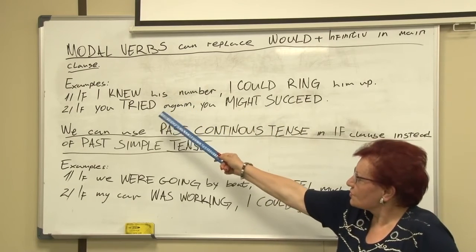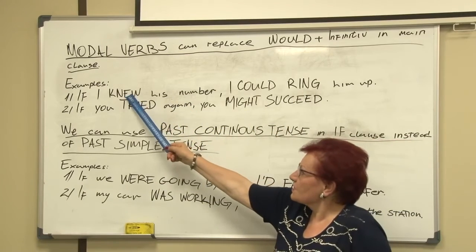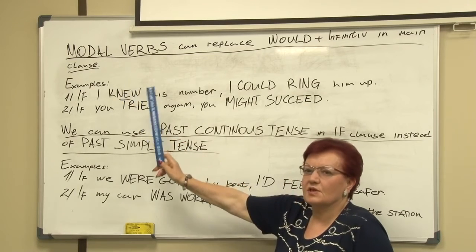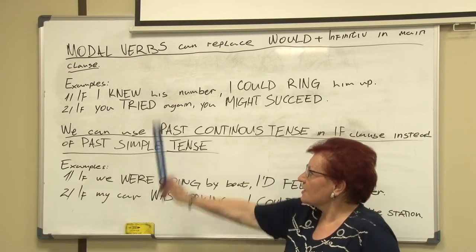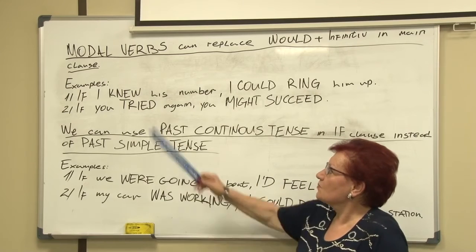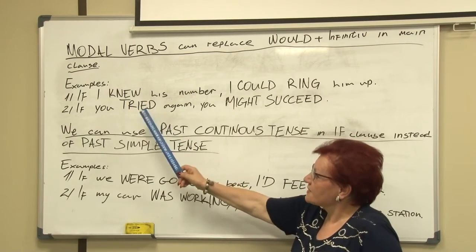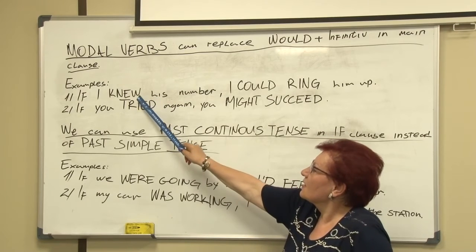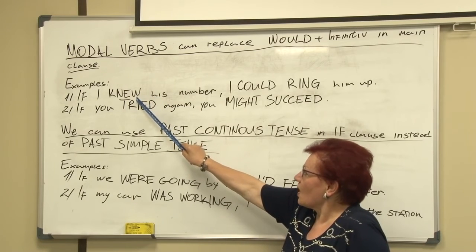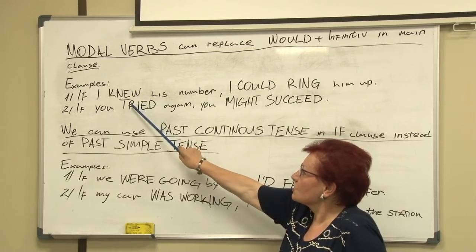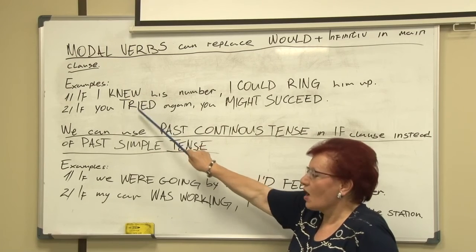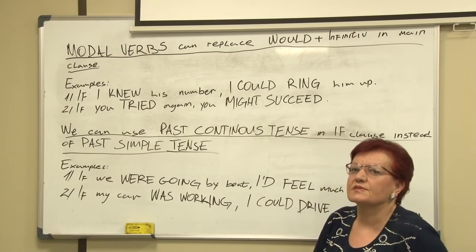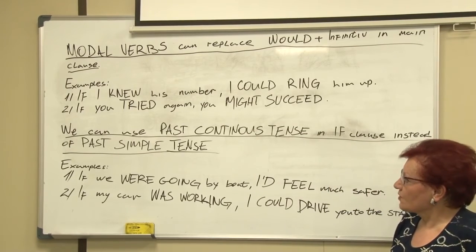In the if clause, you can observe that the first verb is irregular. It is knew, in past simple tense, and in present tense it will be know. In the second sentence, we have a regular verb. Again, instead of y, it was originally in present y. So it is the same as in the word study that we have already seen.